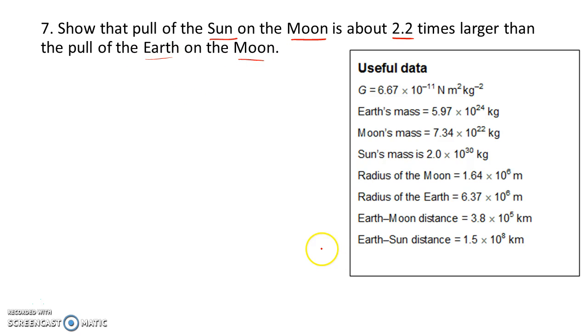So the pull of the sun on the moon, well, that's the force of gravity from the sun on the moon is equal to G, mass of the sun, mass of the moon, divided by the distance, and I'll just write sun, moon squared. So we can put in our values, see what we get.